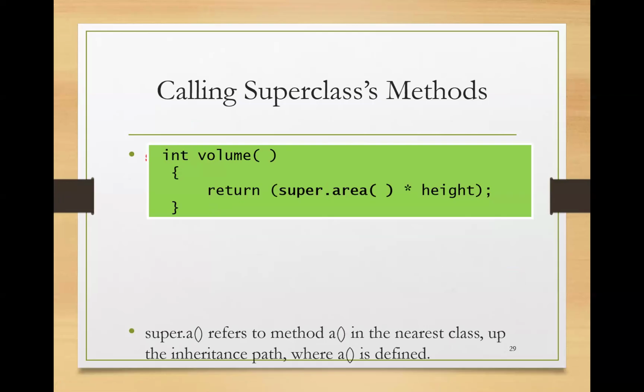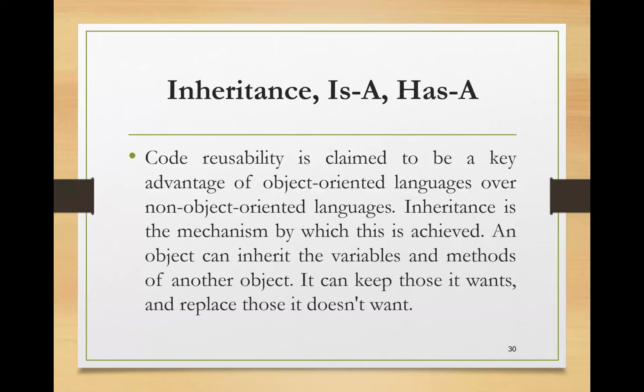Right. Then, in order to call the superclass methods, you can use super dot method name. That's how we have already used it. And then we have the is-a relationship. That means when car is a subclass of the vehicle class, you can say a car is a vehicle, a van is a vehicle.